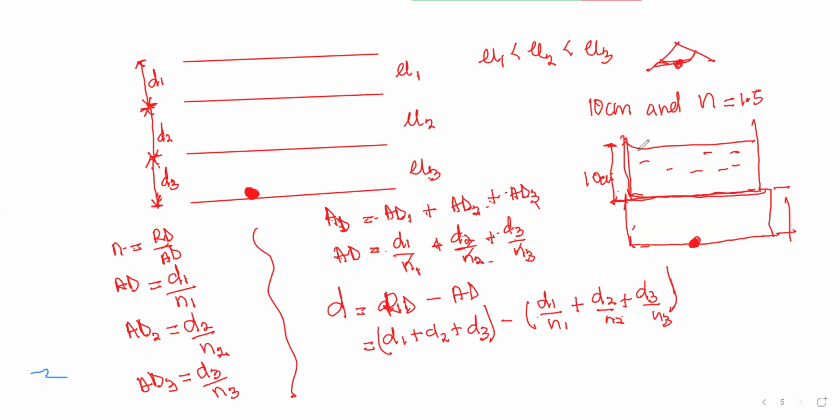Don't forget, this measurement is taken from the surface of the liquid. So it's as if the observer is viewing exactly from the surface of the liquid. Even if the eye level is above, it is within air, so it will not affect it.